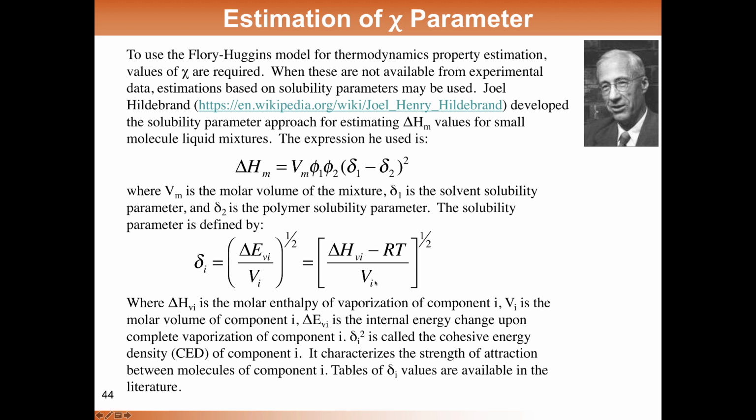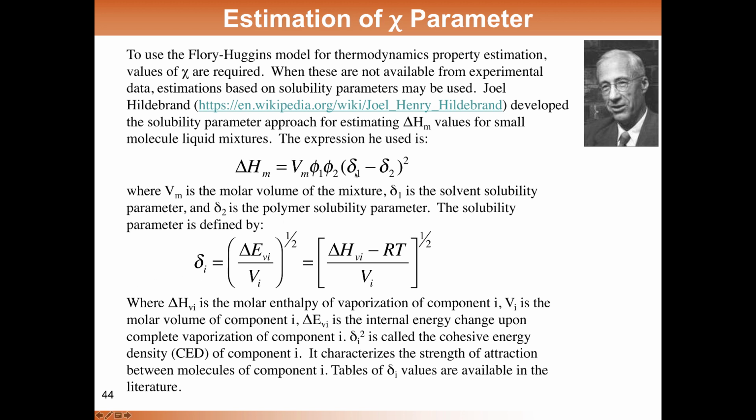And so for small molecule liquids, based on the delta H of vaporization and the molar volume, you can calculate the solubility parameters. Polymers don't evaporate, and so you can't calculate the polymer solubility parameter by this approach. So I'll show another way of doing that in a moment.